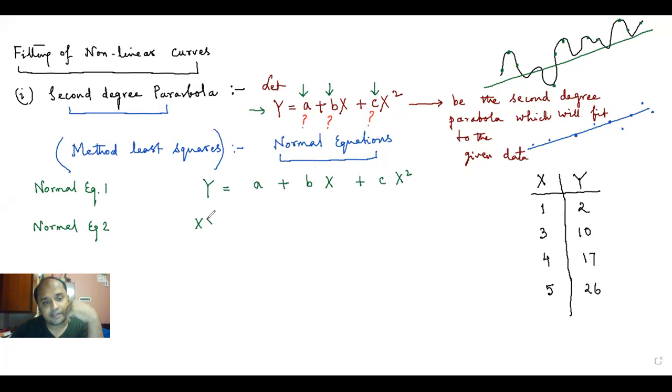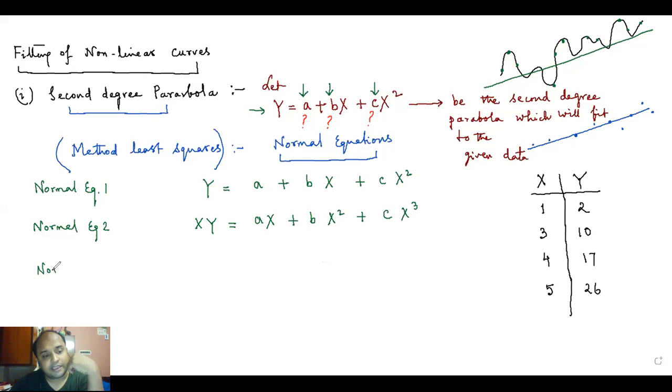So you will write xy is equal to ax plus bx square plus cx cube. And then, we need another equation because we have three variables. So we write normal equation 3. You multiply both the sides by x square. You will write x square y equals ax square plus bx cube plus cx to the power 4.